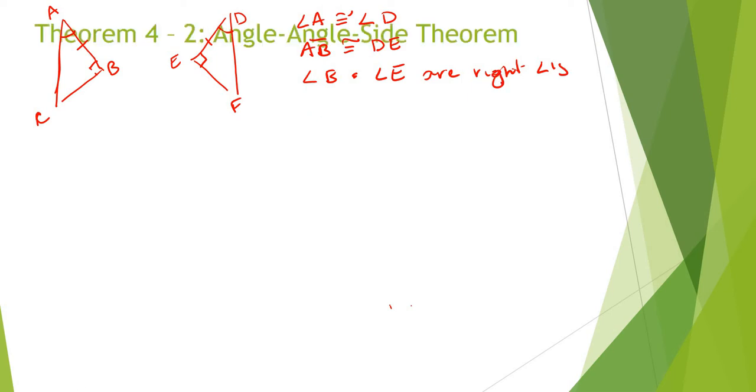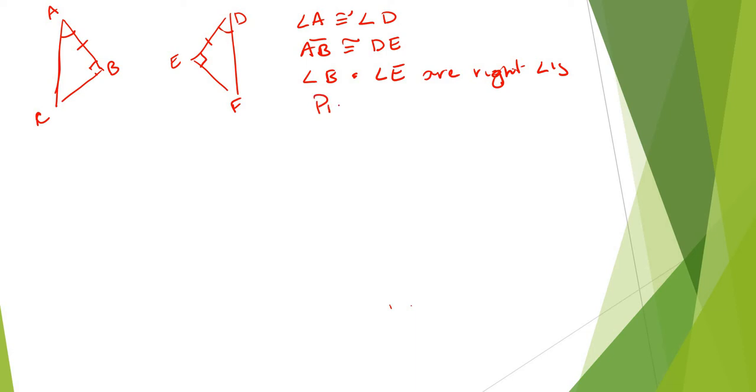I want to prove that triangle ABC is congruent to triangle DEF.